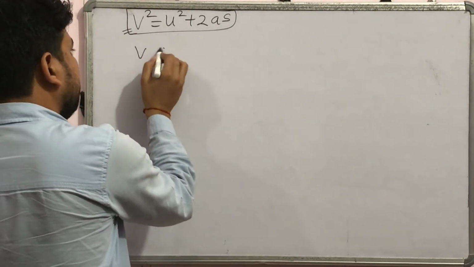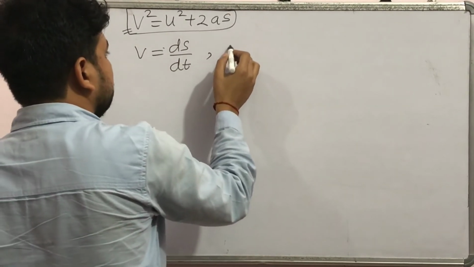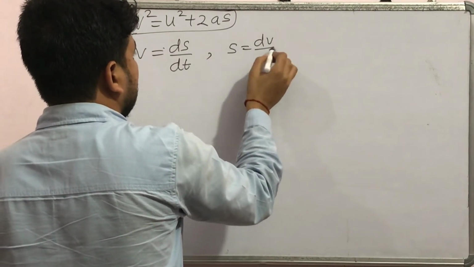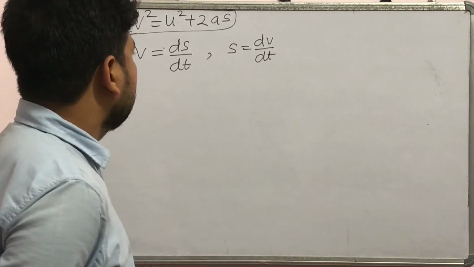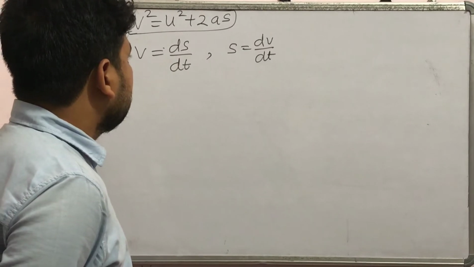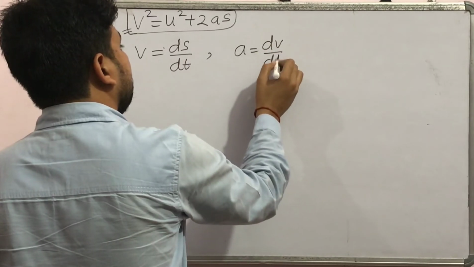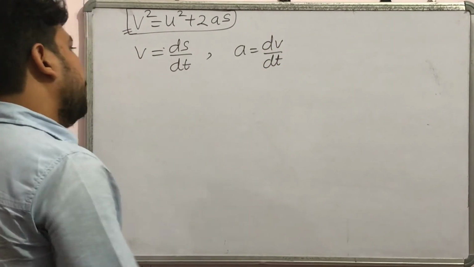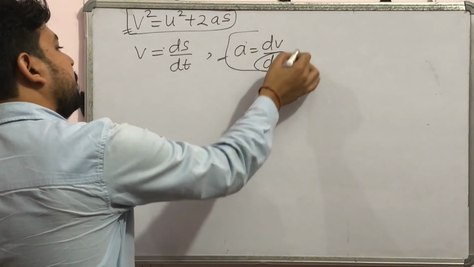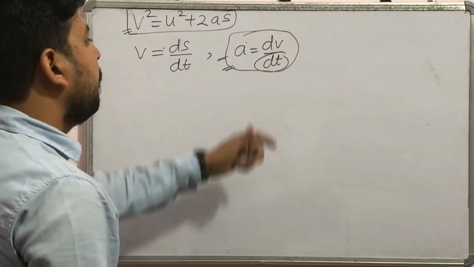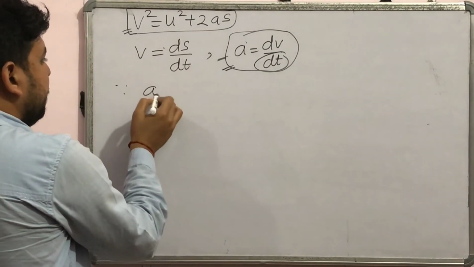We have two relations, v equals to ds over dt, and second one, acceleration is equals to dv over dt. We have to eliminate time. From here, we want acceleration, we will use this equation, and we have to eliminate time with the help of this expression.